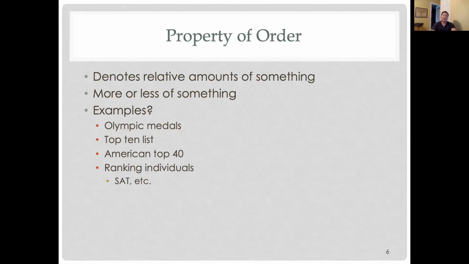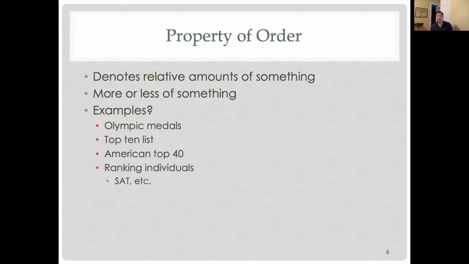If you look at top 10 lists of whatever, American top 40, if you're listening to the radio way back when, whatever it happens to be, just ranks of individuals, we can rank people as a property of order or rank attributes. You may be smarter than your neighbor, who's smarter than the guy that lives 2 blocks down.